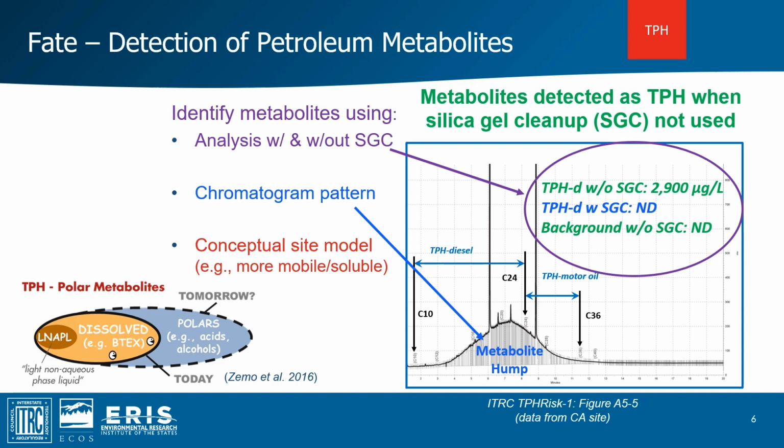Again, the petroleum metabolites travel further because they are polar, which makes them much more soluble and mobile than dissolved hydrocarbon, aromatic, or aliphatics. It's interesting to note that toxicity factors developed for petroleum metabolites tend to be lower than the toxicity factors assigned to the undegraded hydrocarbons.